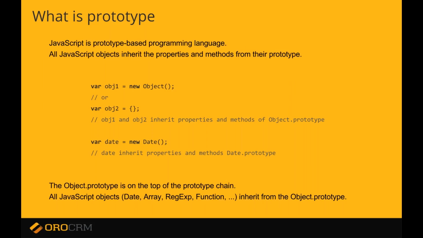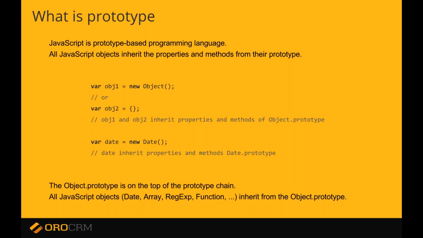What is prototype? Since JavaScript is a prototype-based programming language, all JavaScript objects inherit properties and methods from their prototypes. That means if we create a new object over a constructor, or over an object literal, both instances, obj1 and obj2, will inherit properties and methods from the same prototype, which is defined in Object.prototype.